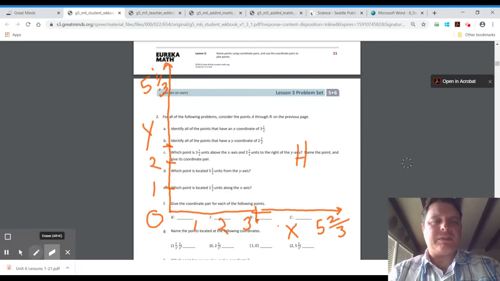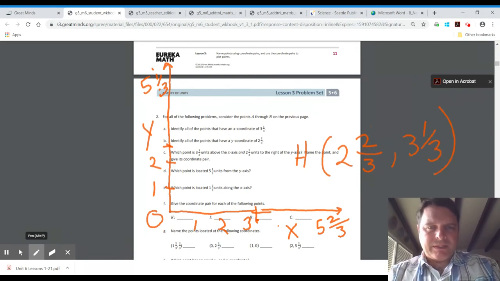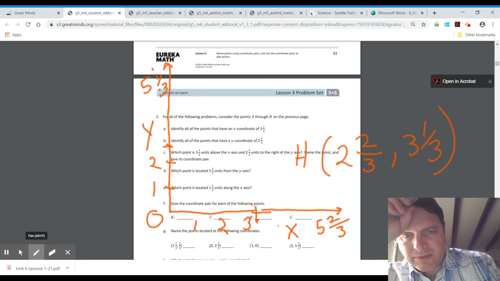So the H would be the actual coordinate: 2 2/3 X and 3 1/3 Y. Okay, good. So letter D: which point is located 5 1/3 units from the y-axis?